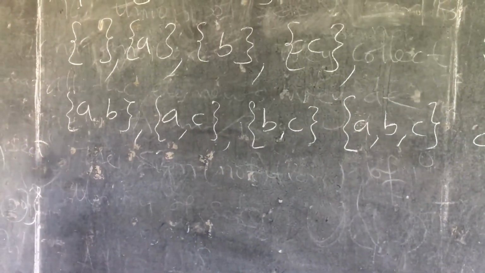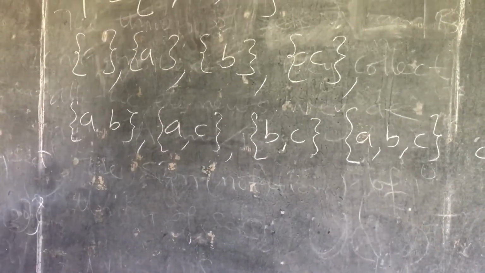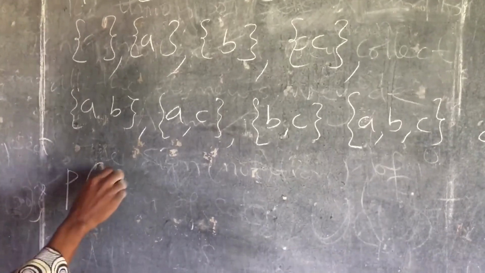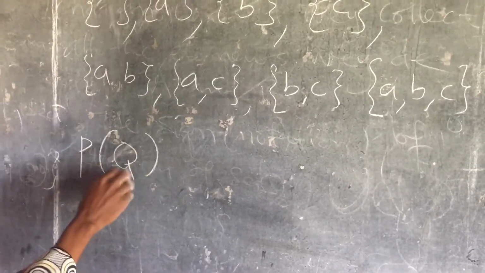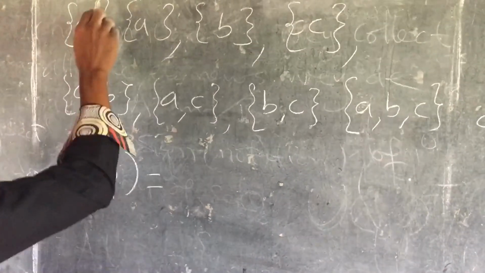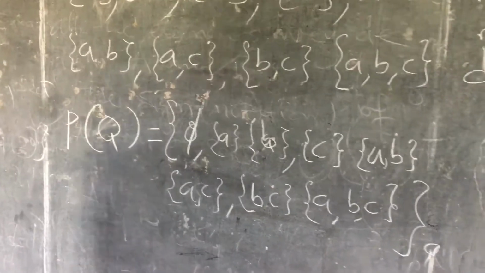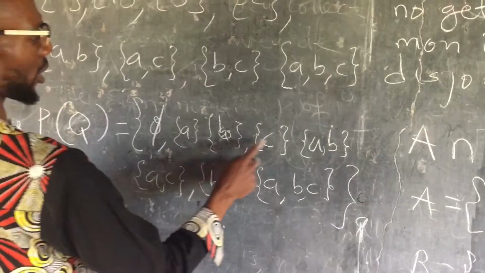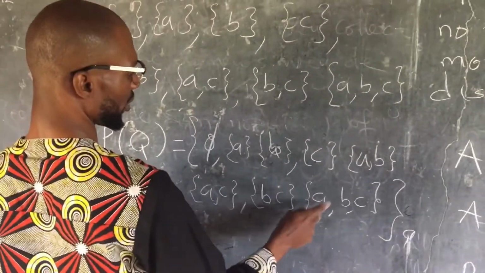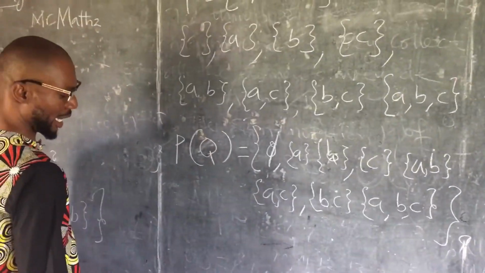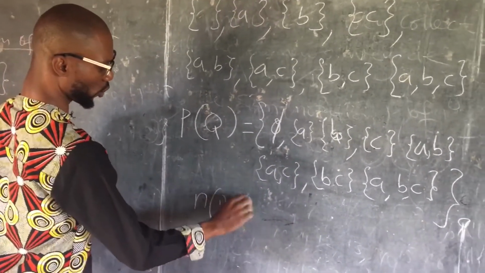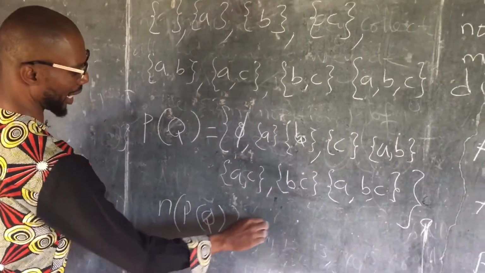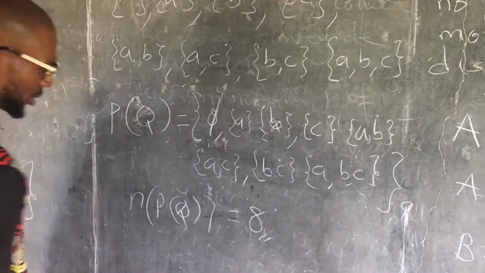And what do we get? It means that the power set of this set Q has all these elements. So how many elements does it have? 1, 2, 3, 4, 5, 6, 7, 8. It has 8 elements. So the cardinality of this power set of Q is 8.